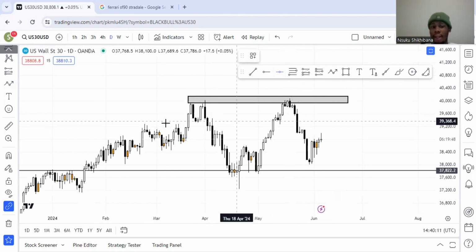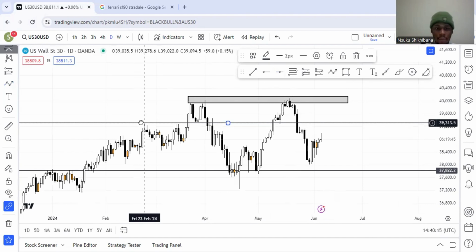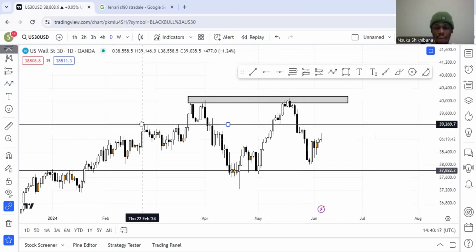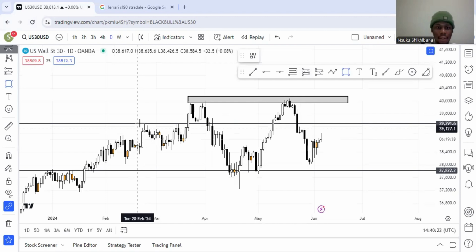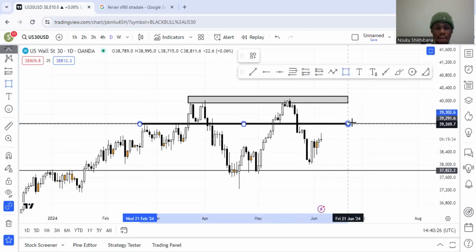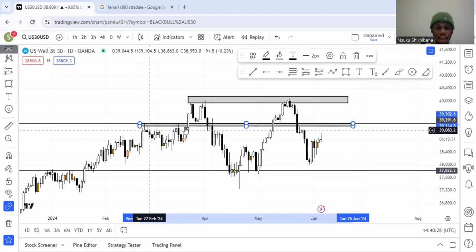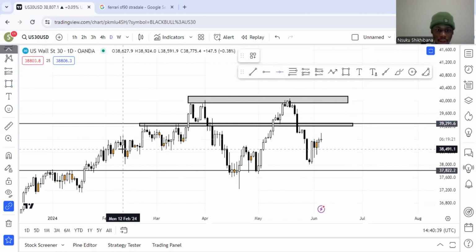Besides that, the other zone that we see is this zone right here, which was respected at this point, this point, this point, and this point, even this point too, right? Another zone which you might notice is this one right here.